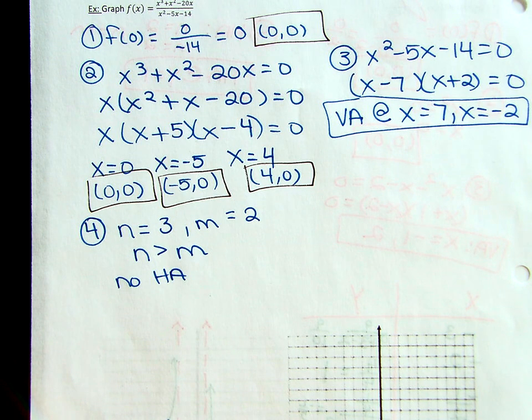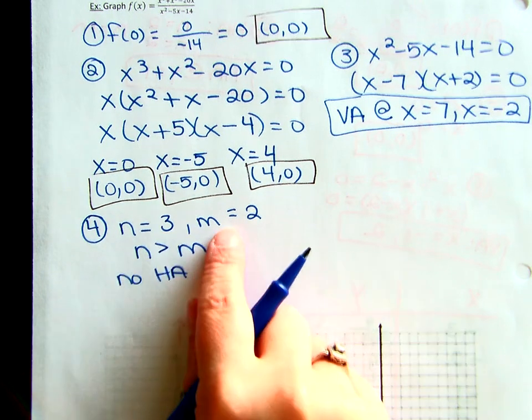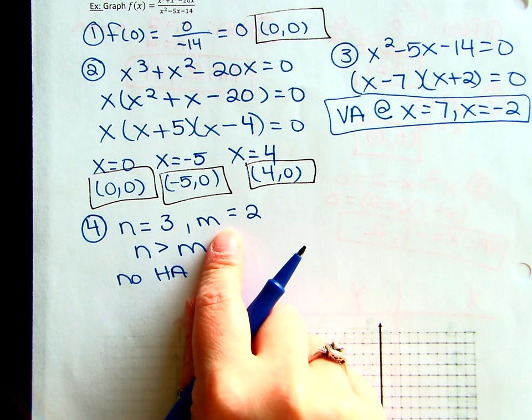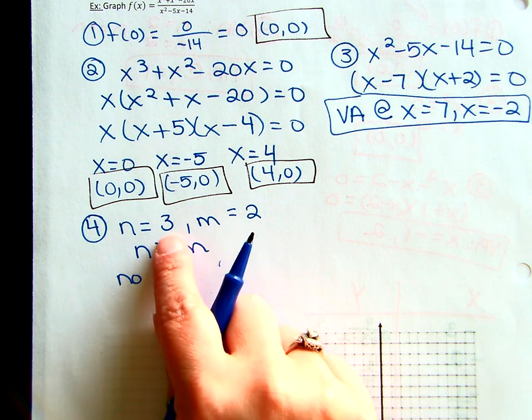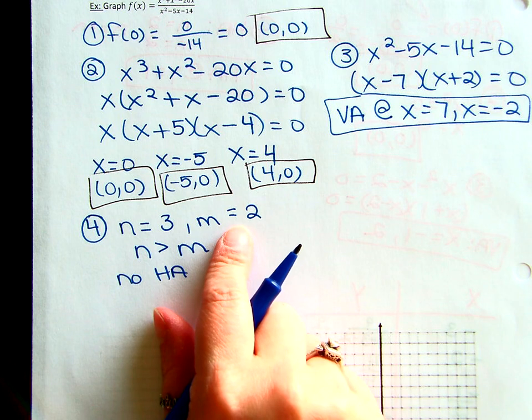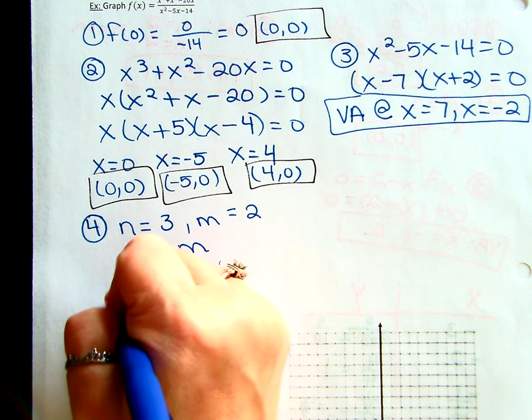The numerator is higher than the denominator by 1. That's right. If our n is greater than our m by just one power, then we have an oblique asymptote. So that happens here. Our top is bigger than our bottom by just one power, so we are going to have an oblique asymptote.